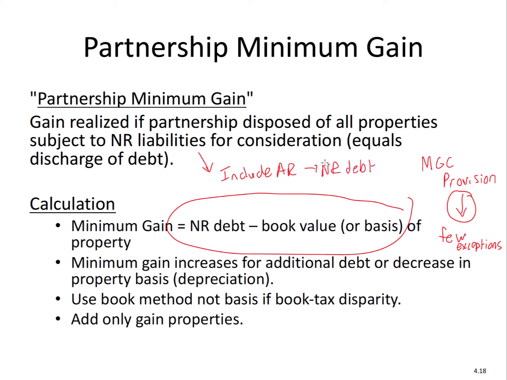Because if you're discharging property, you're giving up that property which has that basis, so the difference will be gain. An increase in minimum gain does not trigger gain. It increases the amount. But when it decreases later on, that's when you have to record the gain for each partner, because you have to take into account any changes. All right.